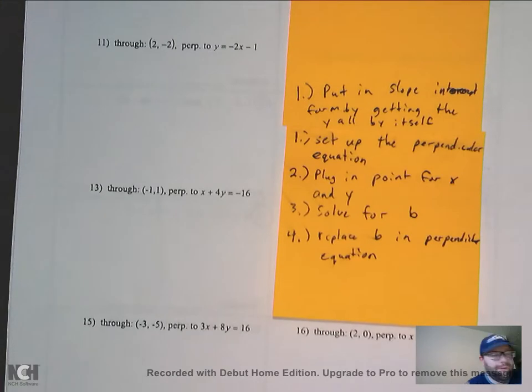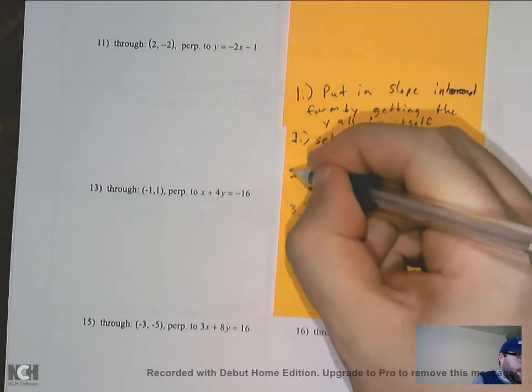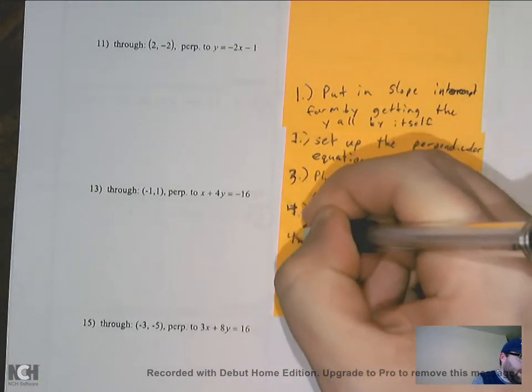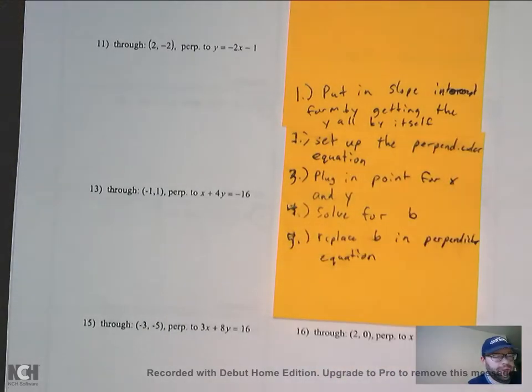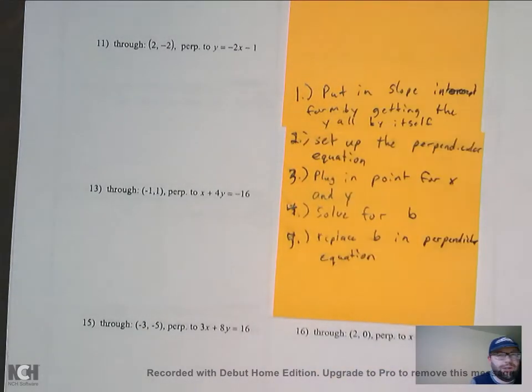So our first step is to put it in slope-intercept form, and then we go through all those steps that we went through yesterday.